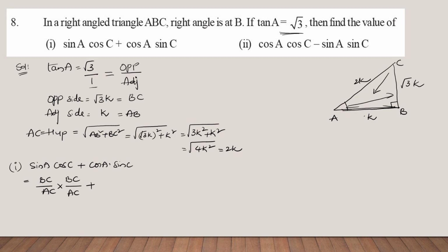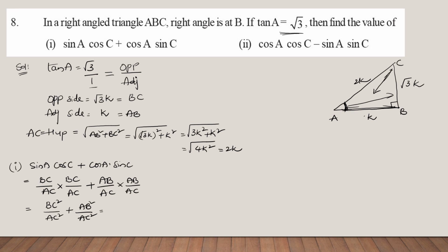Plus cos A: with respect to A, cos A means adjacent side by hypotenuse, so AB by AC, into sin C. With respect to angle C, sin is nothing but opposite by hypotenuse, so AB by AC. So clearly BC into BC is BC square by AC square plus AB square by AC square.